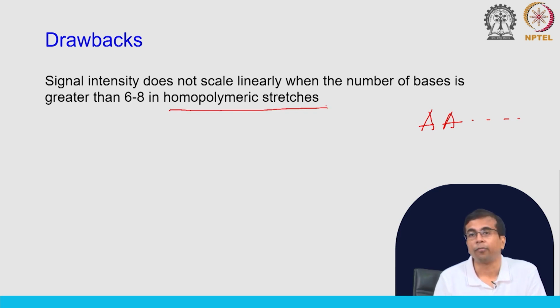Okay. Now, what happens in 454, as you have seen, the signal intensity goes up, right. So, if you have addition of just one base, you have some signal intensity. If you have two bases, the signal intensity should be double. 3 bases, the signal intensity should be triple, and so on, right. So, it should go up linearly. What the researchers had seen is that this signal was not proportional after a certain length. So, after you have reached these 6 or 8 bases, beyond that the signal was not proportional to the number of bases anymore.